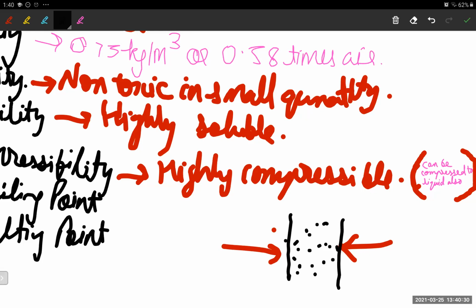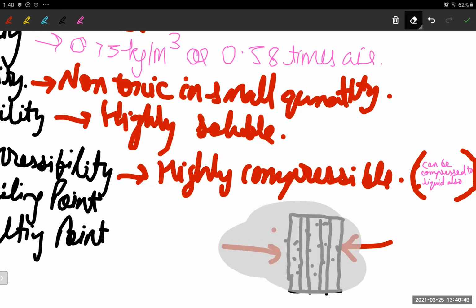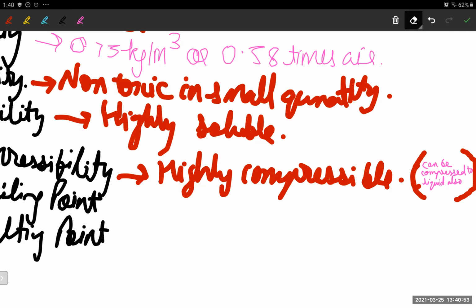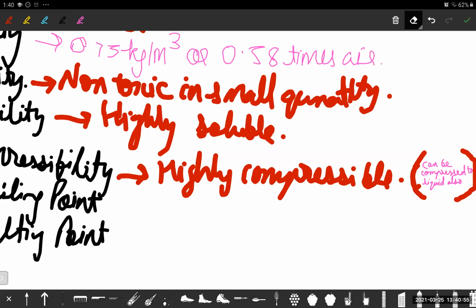Like we have these two plates which are closed from the ends, and we are applying pressure. So these plates are getting reduced, yes or no? And then they got reduced to this much extent. See, the gas is getting compressed, and at last we are left with a liquid, right? Liquid petroleum gas we have, liquid CNG also we have, right? So that is all regarding this.